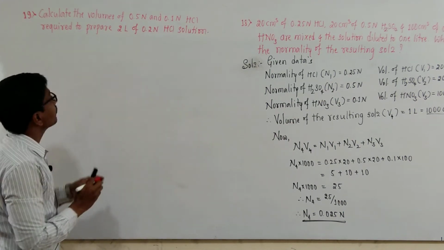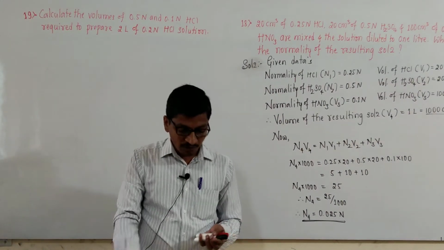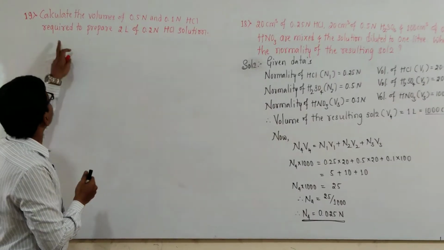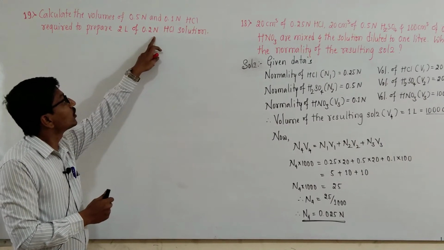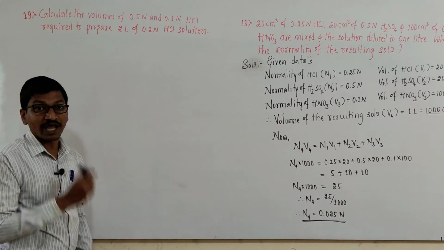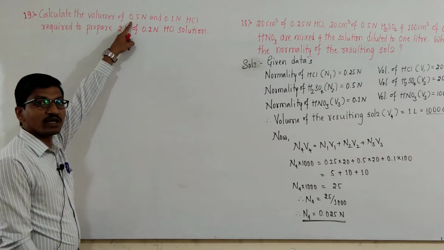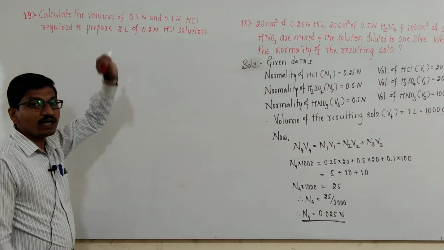In this problem, two different concentrations of HCl solutions are mixed to prepare 2 liter of 0.2 normal HCl solution. Calculate the volume of 0.5 normal HCl and 0.1 normal HCl.